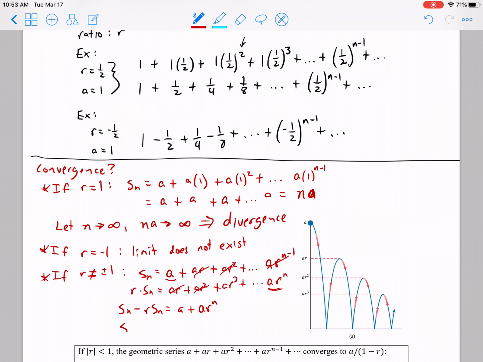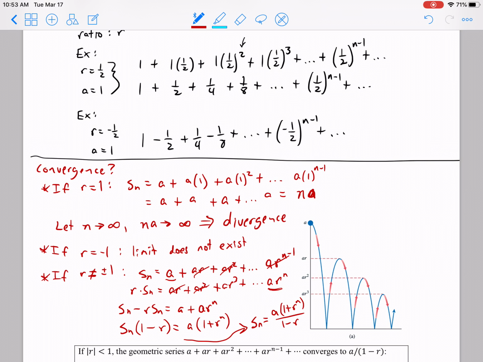And we can factor Sn out: Sn times 1 minus r equals a times 1 minus r to the n. And if we divide both sides, Sn equals a times 1 minus r to the n over 1 minus r.